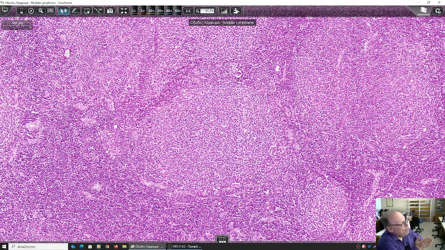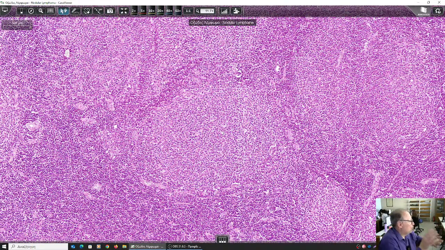So, taking all this morphology into account, we have to perform some immunohistochemical stains to see if this is a nodular type of lymphoma. Is it possible that it is Hodgkin lymphoma?